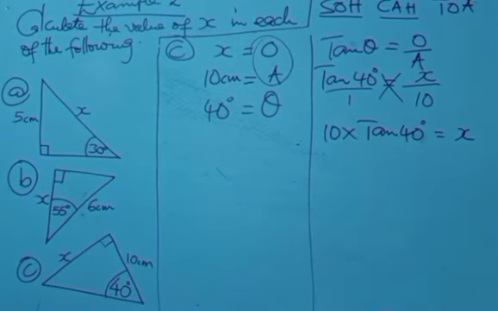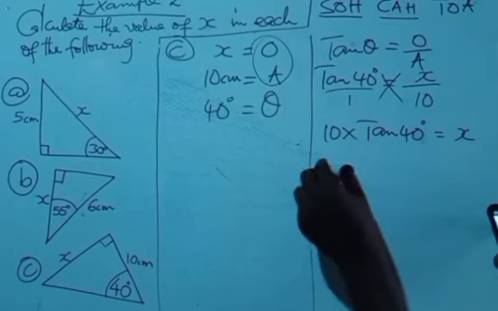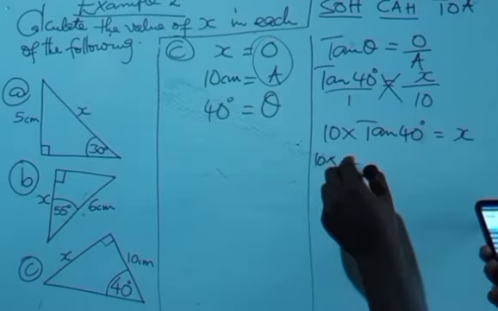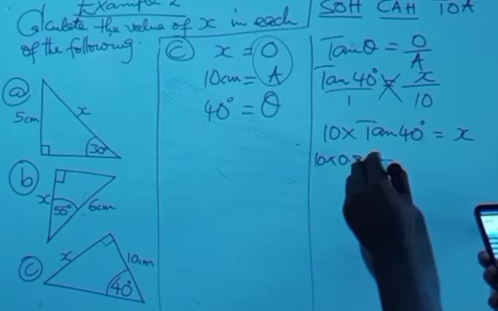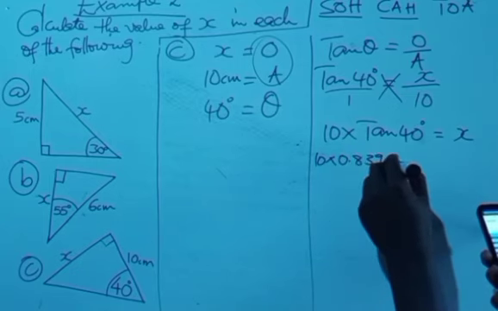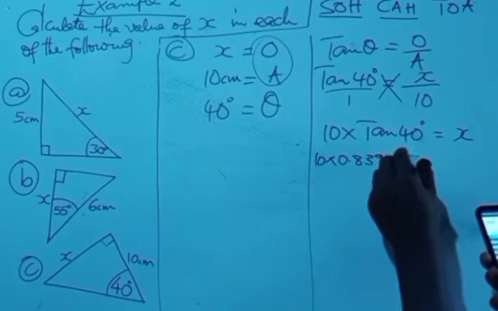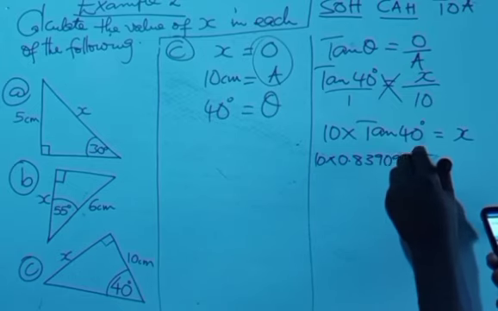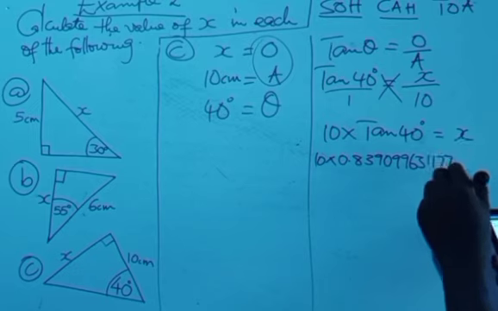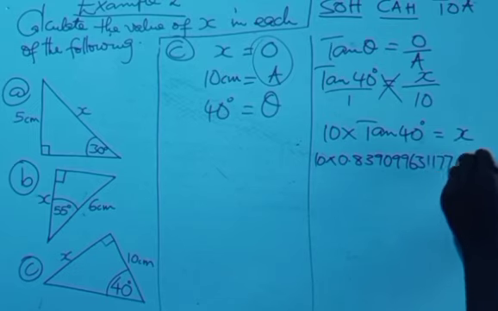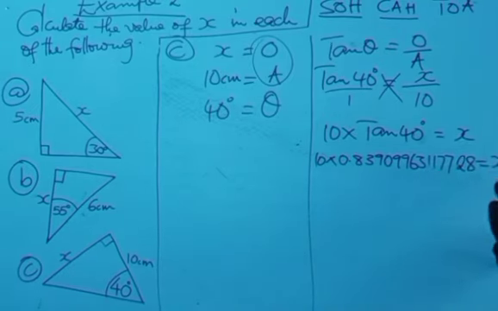So you get your calculator and find tan 40. It will be 10 multiplied by 0.839963117728, which will be equal to x.